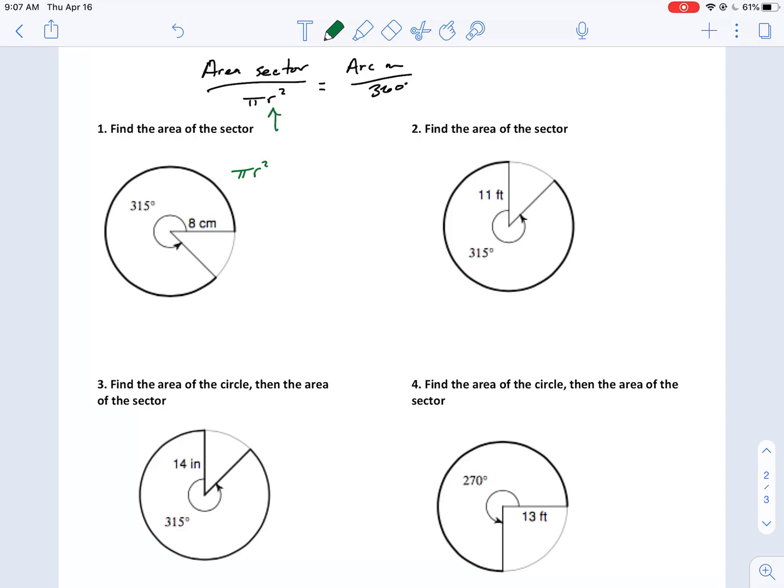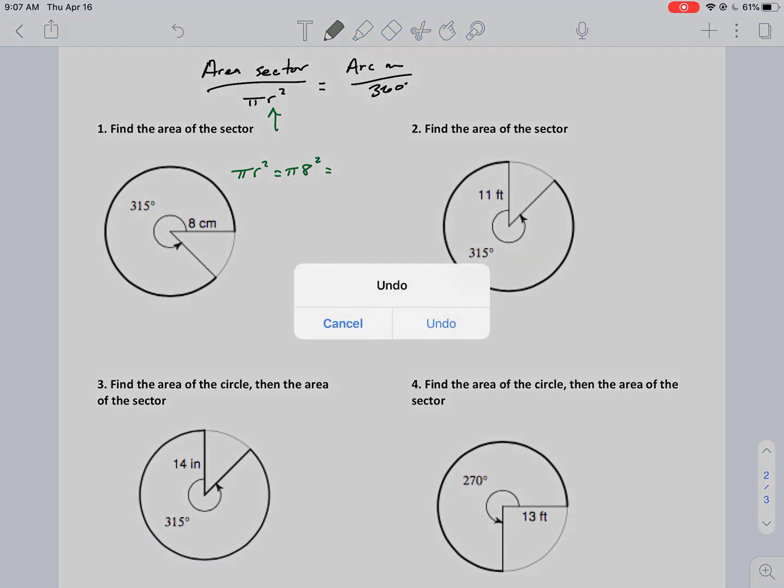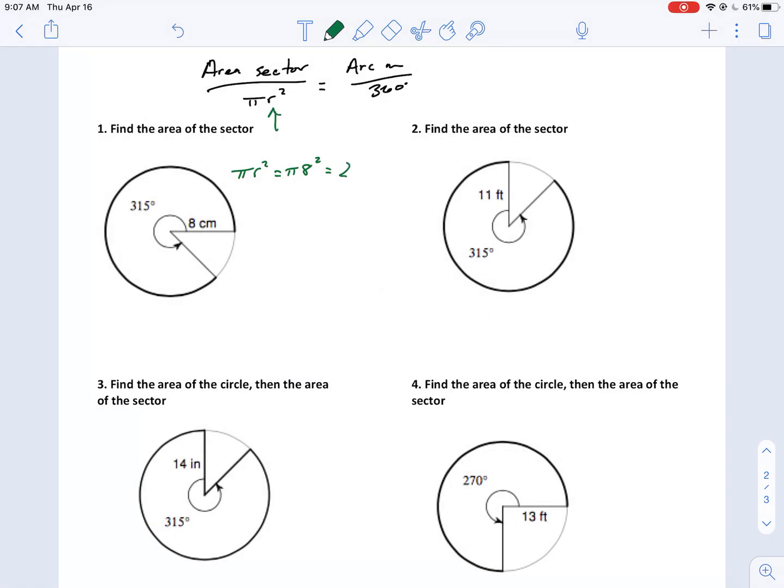So what am I given? I'm given a radius, and I'm given the arc measure. And I want to find the area of the sector. So I'm given r. So the first thing I should do is find the area of the whole circle of pi r squared, or pi times 8 squared, which is 64 times pi.